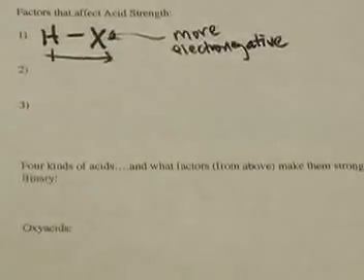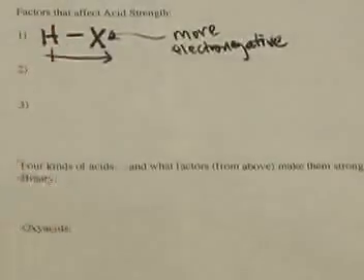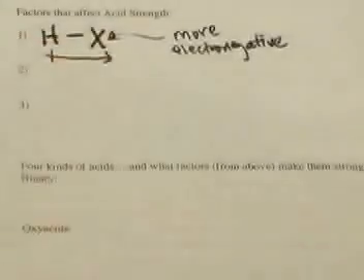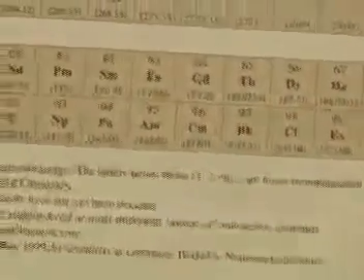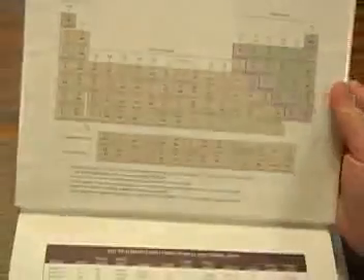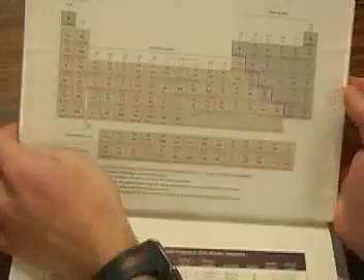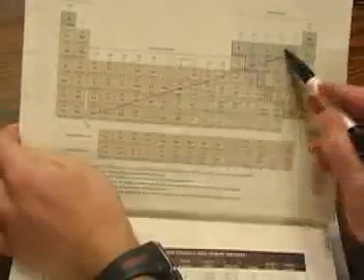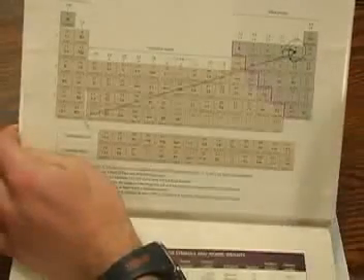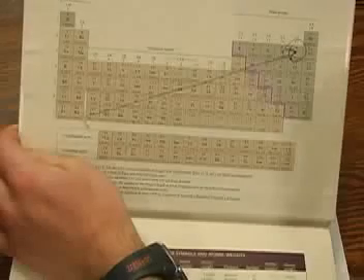Now, if you forgot the trend of electronegativity on the periodic table, it's really important for you to know this today. So take a look at the periodic table. I'll try to get it onto the screen here. Take a look at the entire periodic table. Electronegativity increases up and to the right, meaning that fluorine is the most electronegative atom on the periodic table.